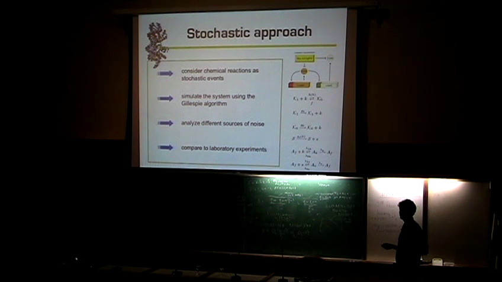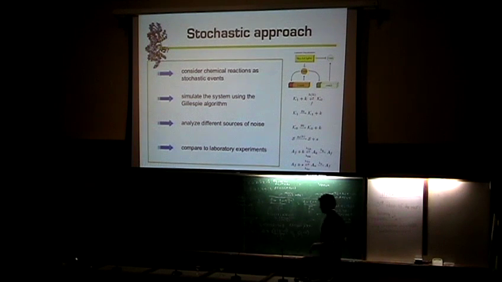Then we use the Gillespie algorithm, the simulation that we talked about yesterday, to simulate it. Then we'll see where the noise comes from and what we can do, and maybe compare it to what the biologists got in their papers.